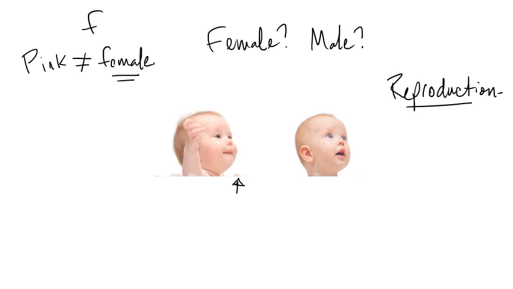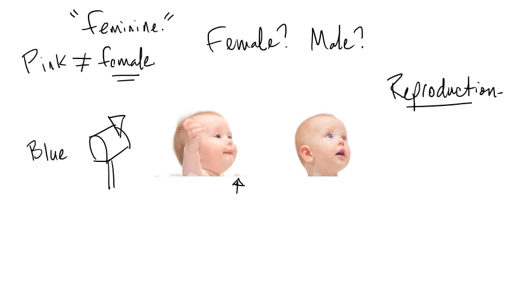So that's the gender. You would be feminine by wearing pink. And when we have a little boy, we like to dress him up in blue and we put him into a mailbox. That could get us into trouble. Don't put anybody into a mailbox in that sense. The Postal Service might become upset with us.